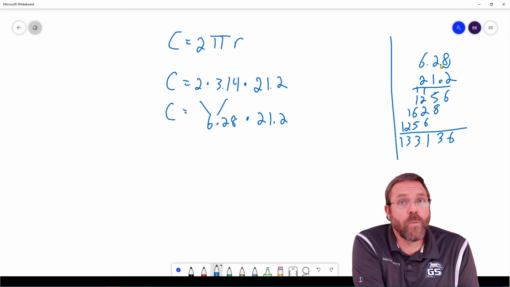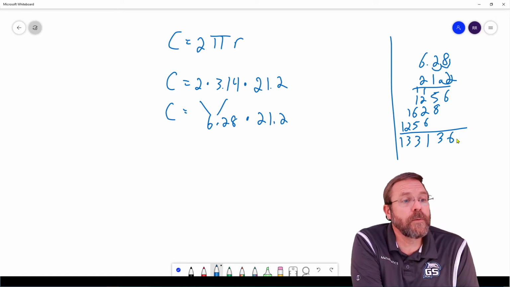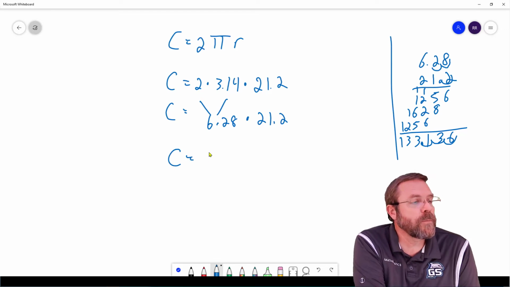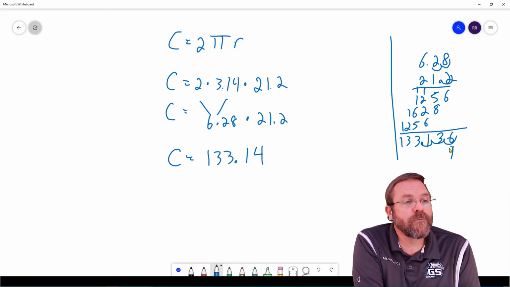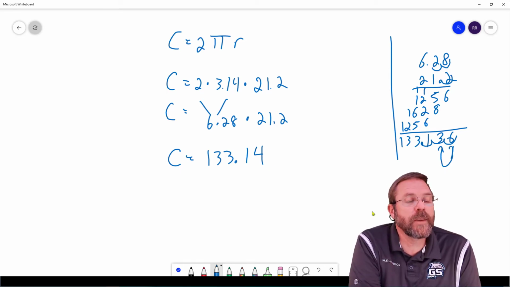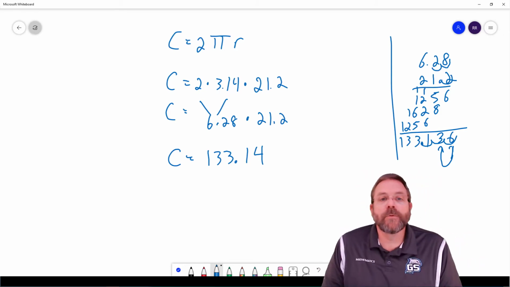Bounce our decimal, 1, 2, 3, 1, 2, 3, so rounded to the nearest hundredths place, we're looking at 133.14, because this 6 right here tells you that you have to round that 3 up to the 4.